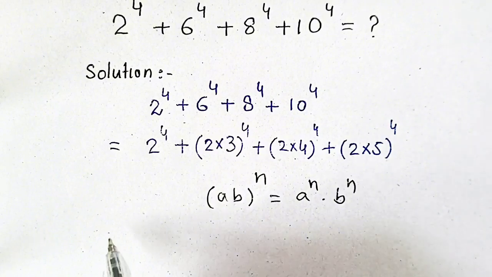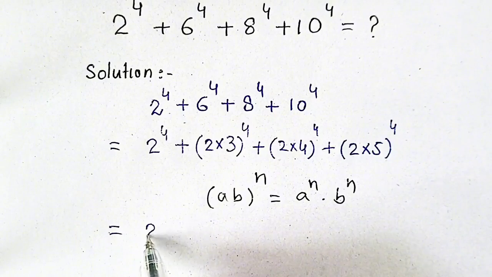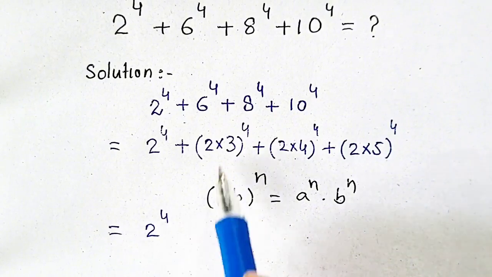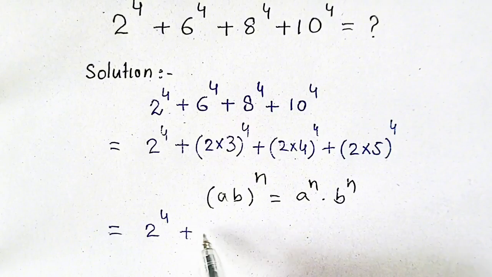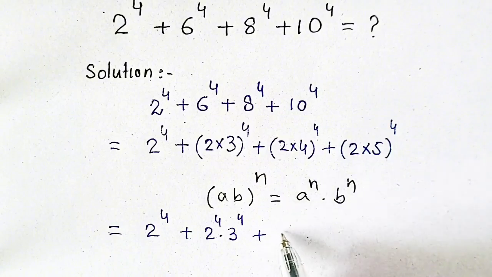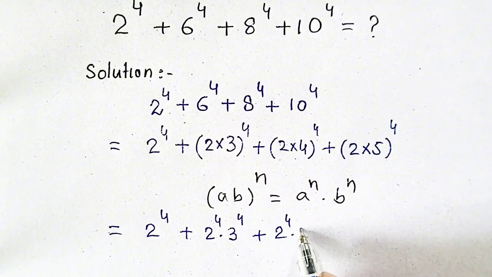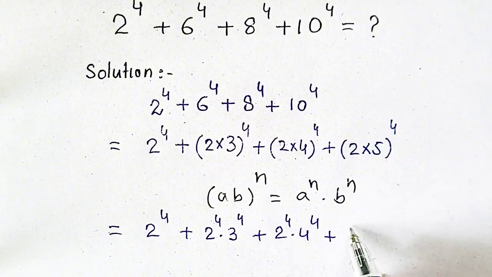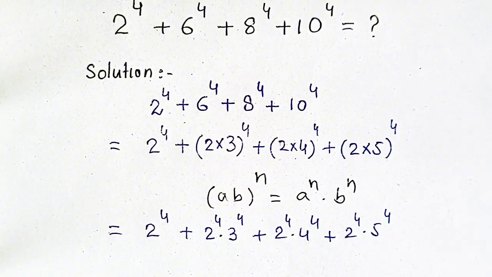So 2 power 4 as it is, plus 2 power 4 times 3 power 4, plus 2 power 4 times 4 power 4, plus 2 power 4 times 5 power 4.